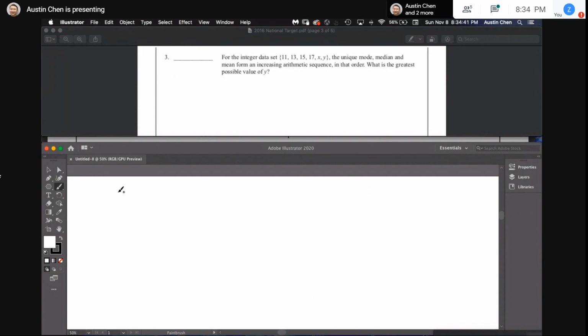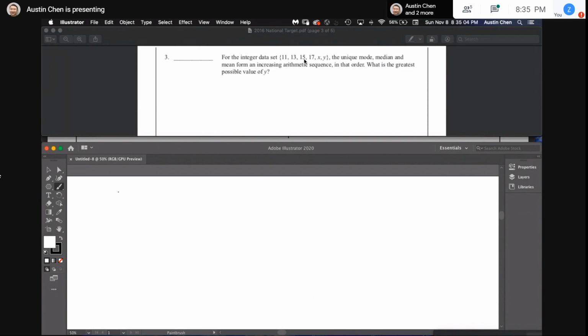Okay. And let's think about the median. The median will be one of the four numbers that were given, right? There's no way that x and y can totally skew the median out of this range, because x and y are only two numbers and we have four given numbers.